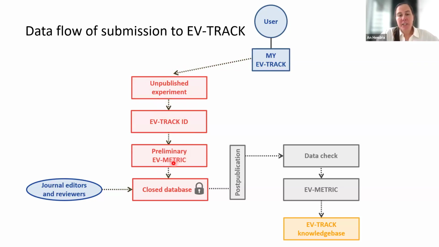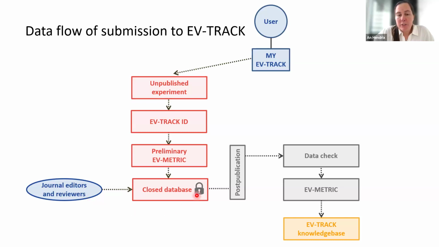And why is this a preliminary EV metric? Because your unpublished experiments will be in a closed database, which is only accessible to you and to people with whom you share the entry code. So for example, what we stimulate is that you share this entry with journal editors and reviewers so that they are aware that the level of transparency and reproducibility in terms of experiments on extracellular vesicles is high and can be guaranteed by means of the EV-TRACK knowledge base.